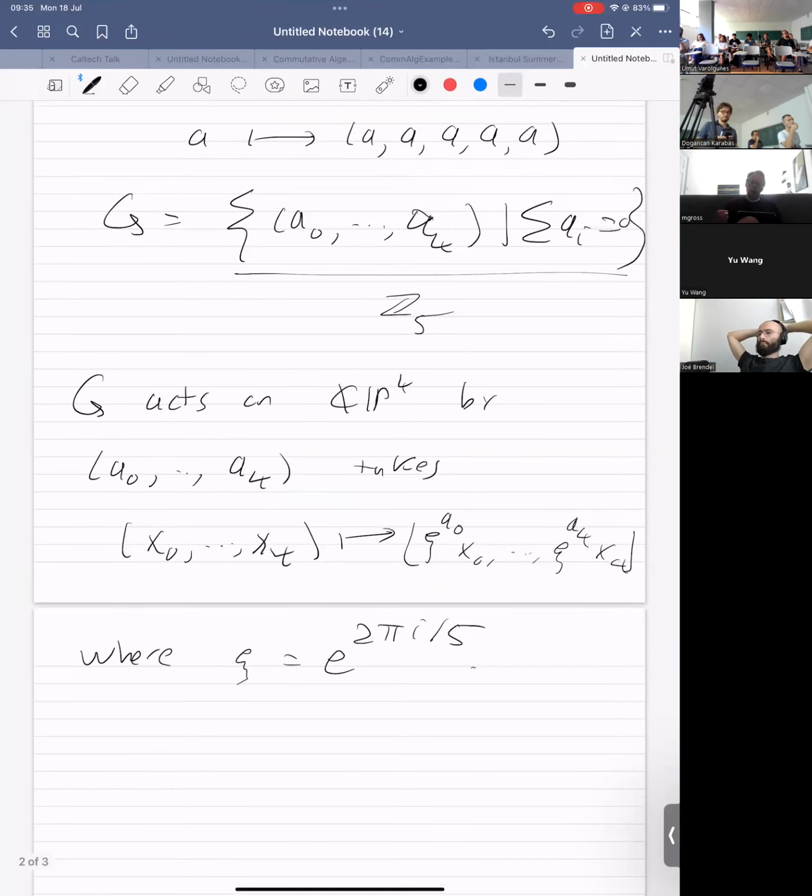So this gives us an action on CP4. We divide out by the diagonal subgroup, which acts trivially on CP4 since it just rescales the coordinates.